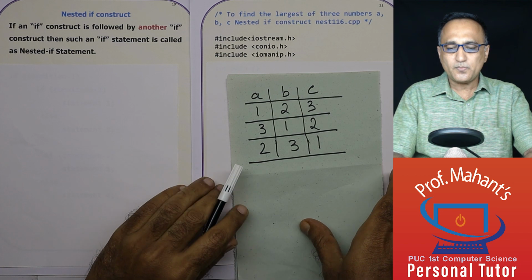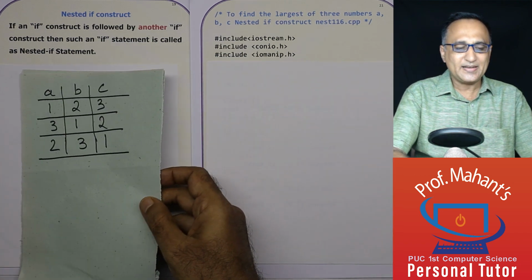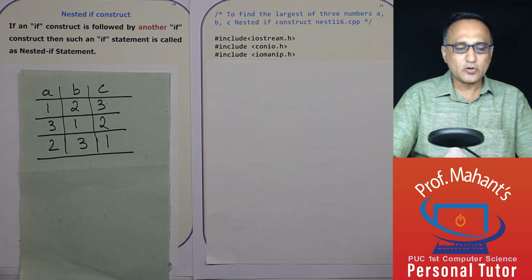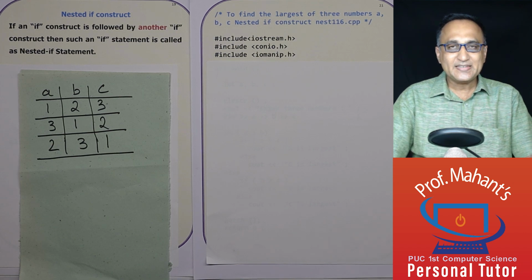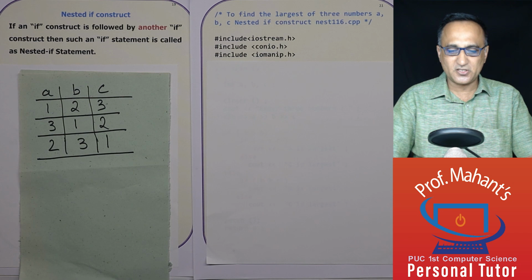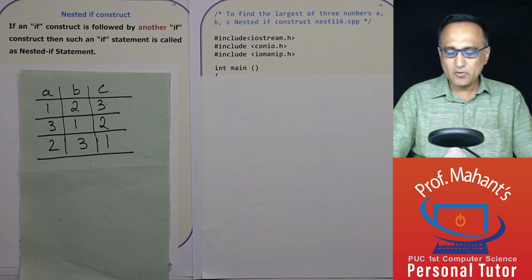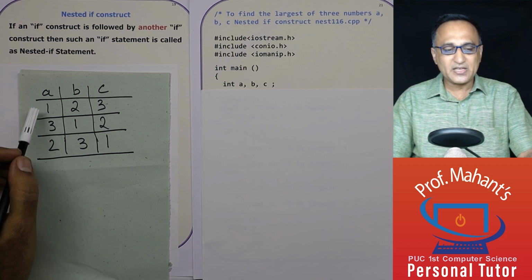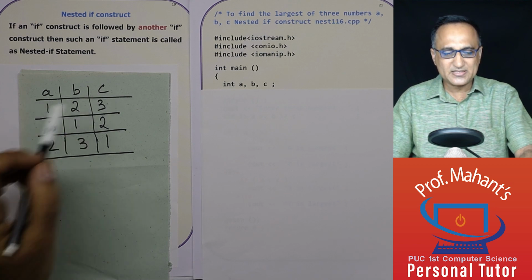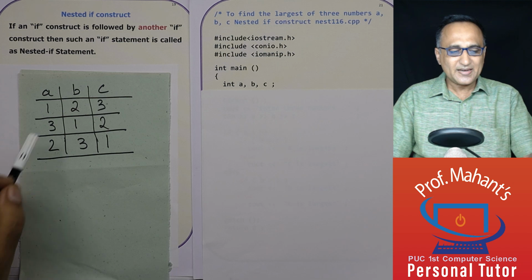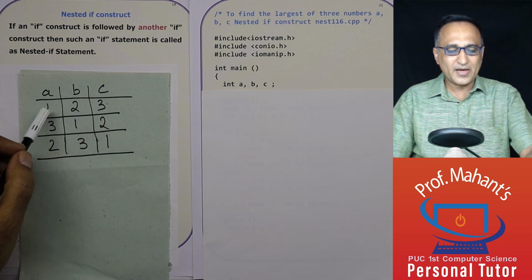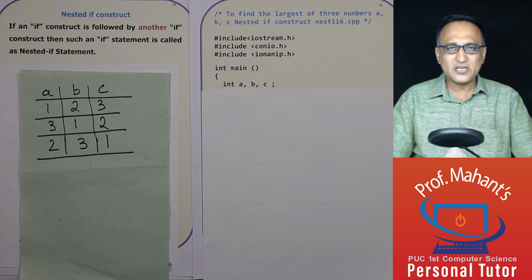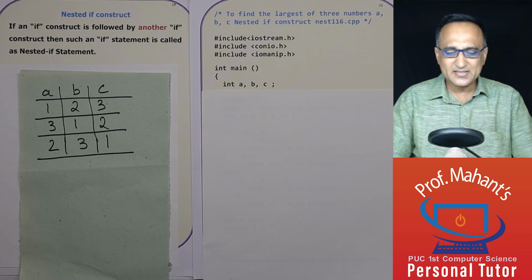So in order to take a look at that, let us try to solve a problem of finding the largest of three numbers using the nested if structure. Let me declare three variables called a, b and c. The user can enter any values into a, b and c.